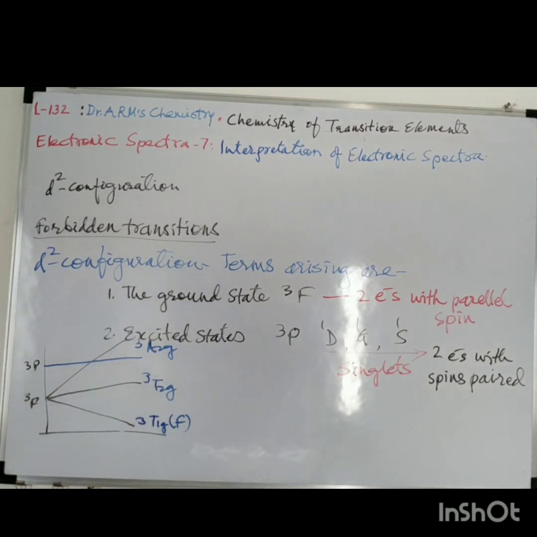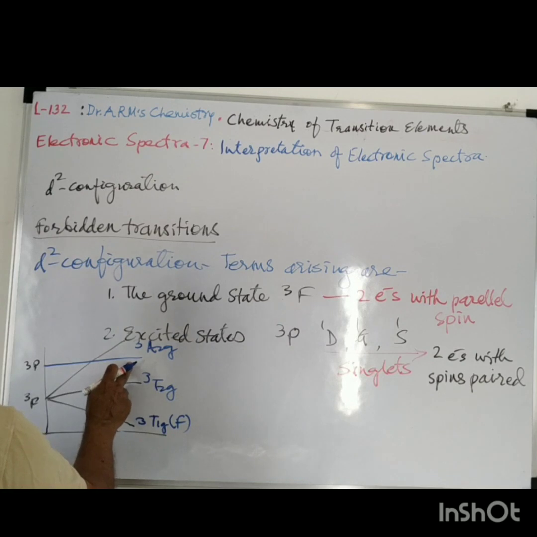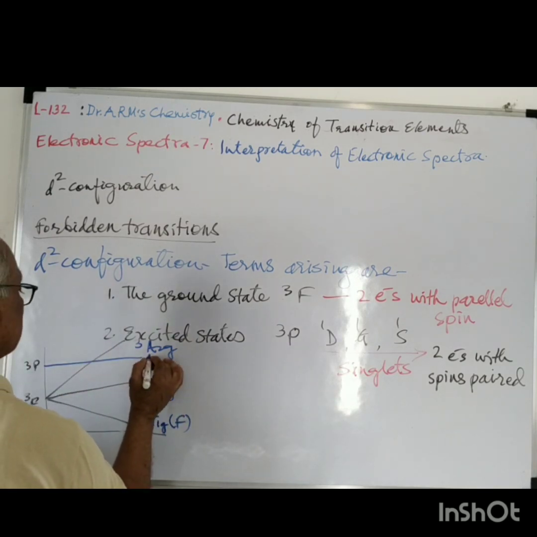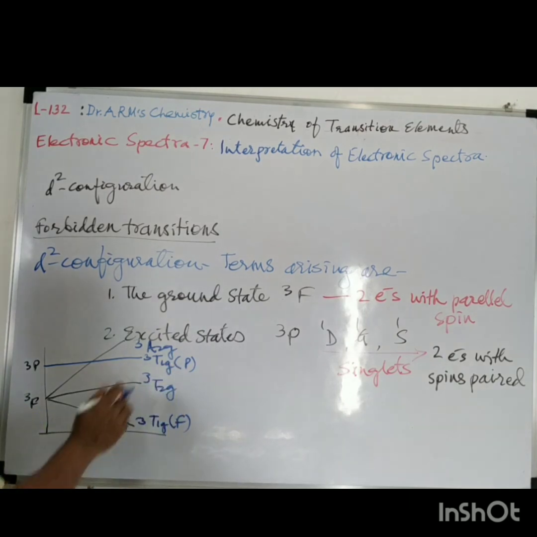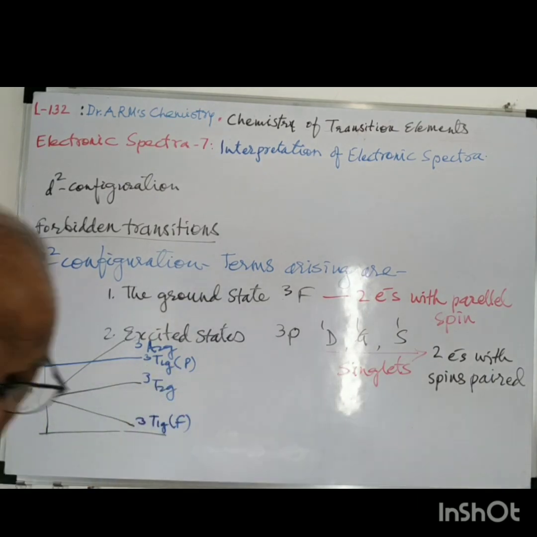The P state is not split, but it is transformed into the triplet T1G. So this is represented in this way.